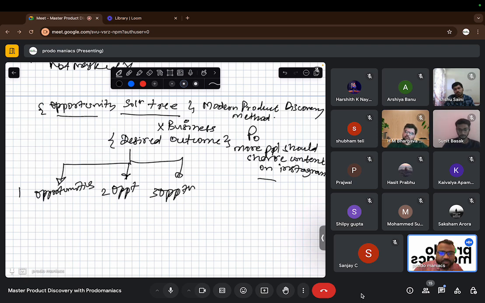But our desired outcome is more people should share content on Instagram, or for that matter, across all the Meta platforms. So there will be different opportunities. What if I give options to put a collage? What if I give them the option to add music to a collage, or make a reel, post photos, add stories?